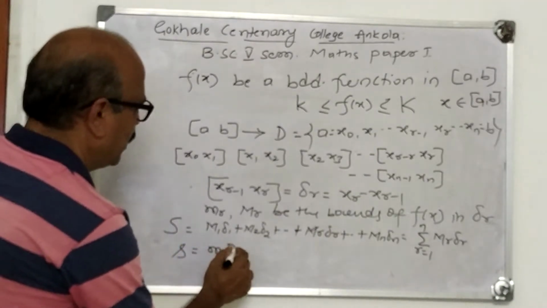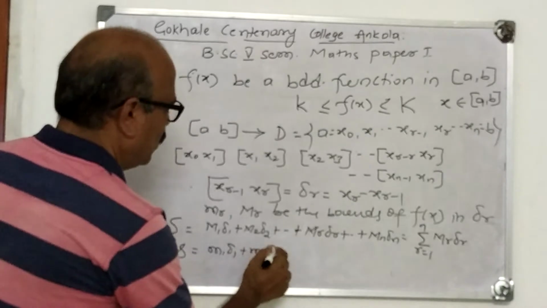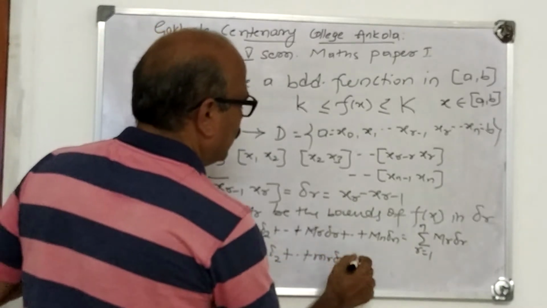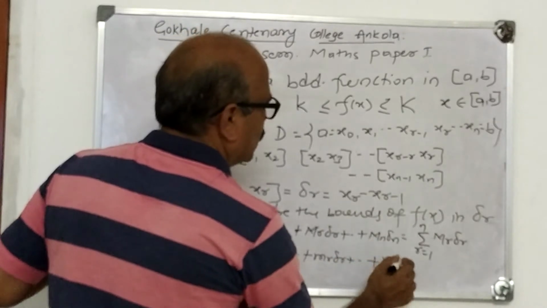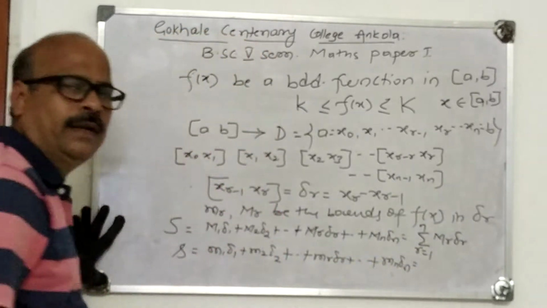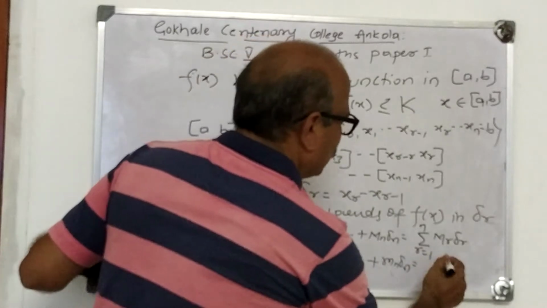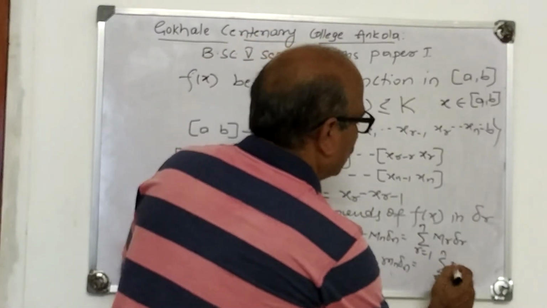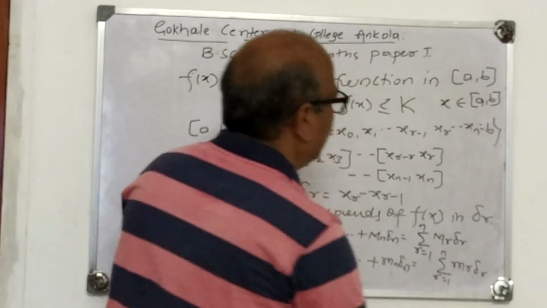What is that? Small m1 delta 1, small m2 delta 2, plus so on, small mr delta r, plus so on, small mn delta n. In sigma notation, this is the sum from 1 to n of small mr delta r.